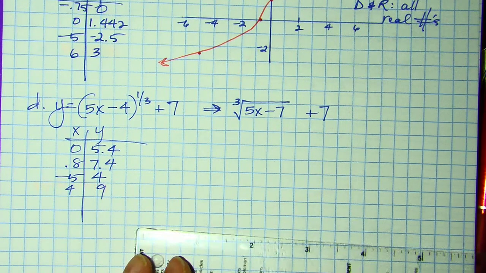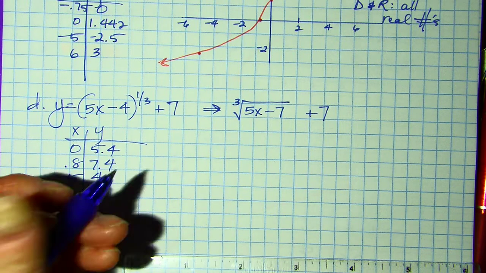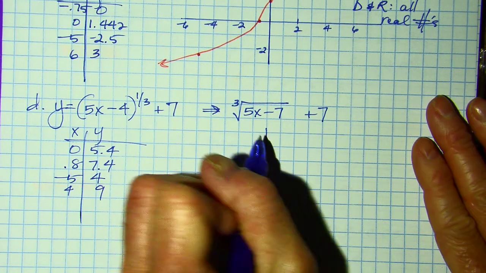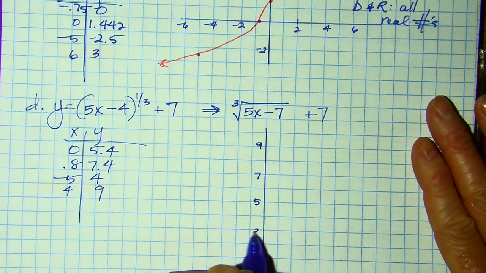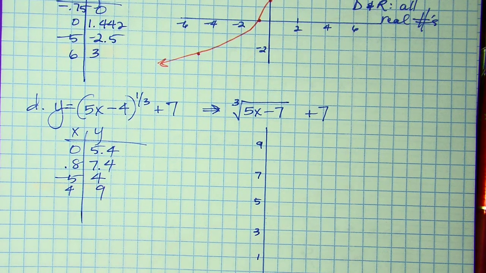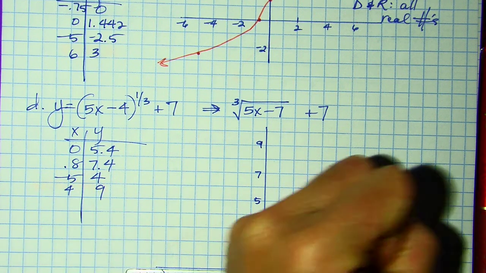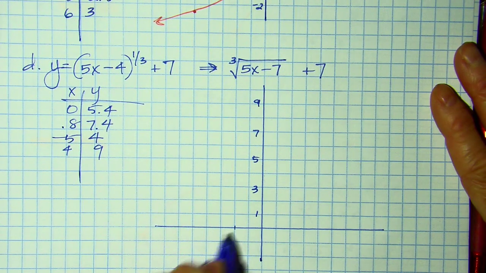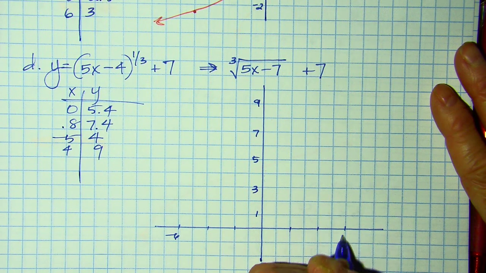All right, so the +7 is why it's so high above. So I should probably leave room for 9 on here. So let's say this is 9. This would be 7, 5, 3, 1. Here would be 0. And so 2, -6, 6.